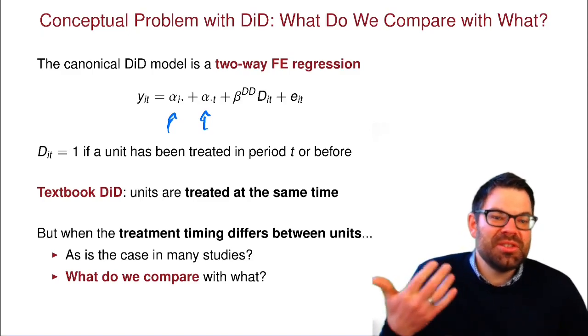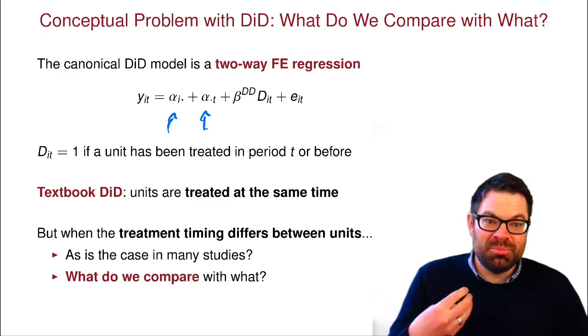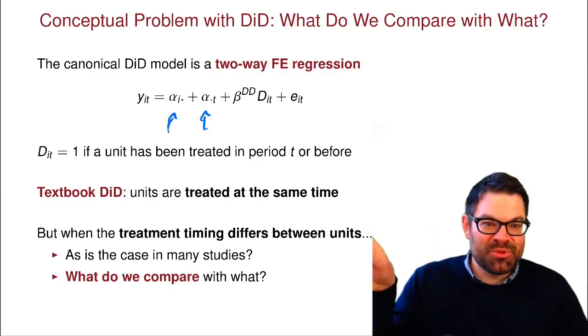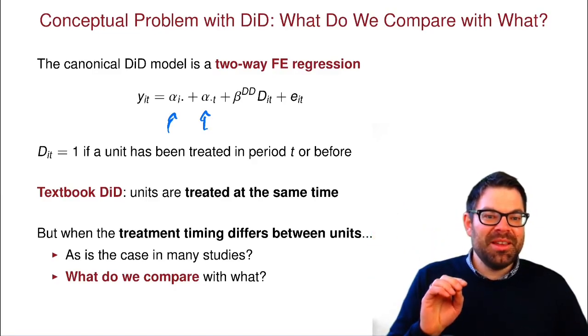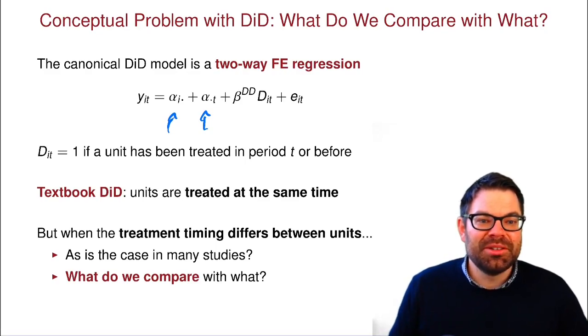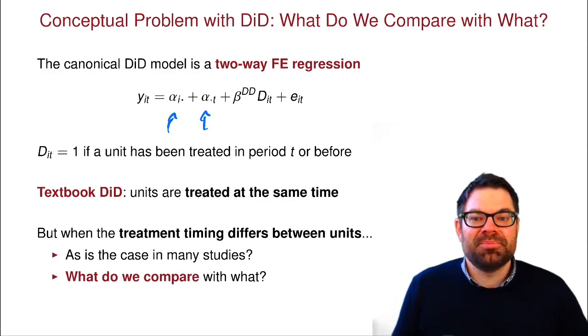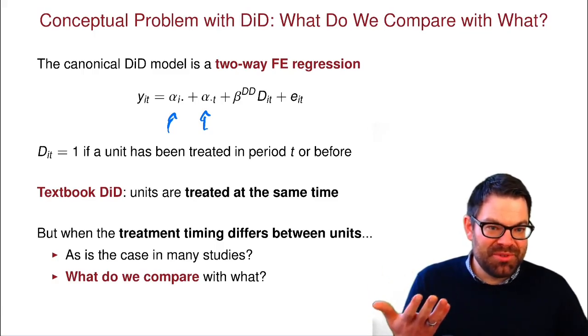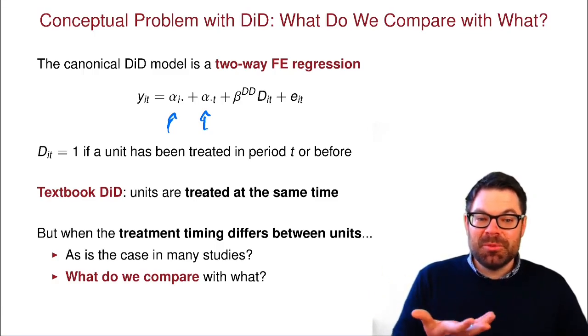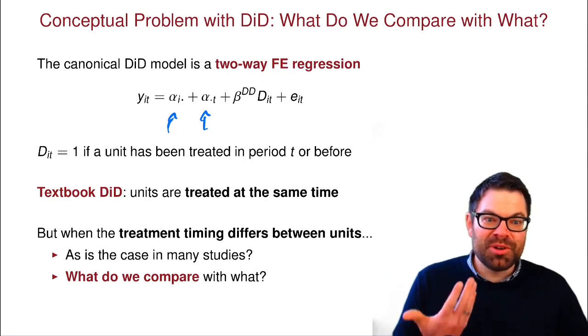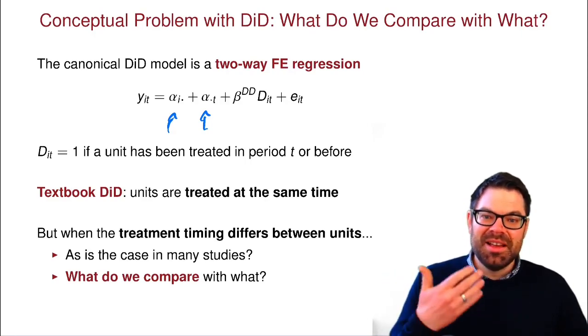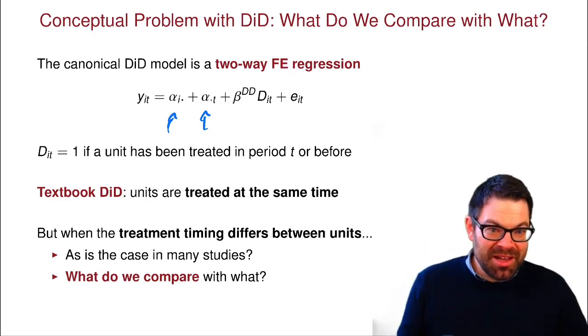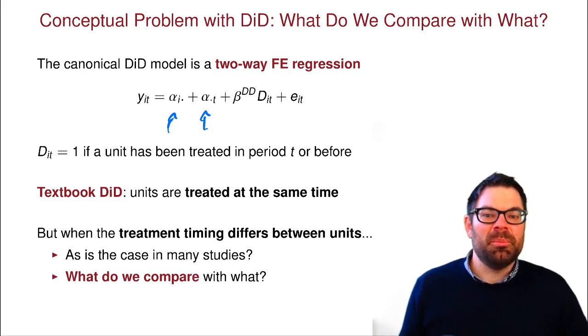So it's essentially just an indicator for whether the period in which you observe that unit is actually after the unit has been treated. And then you have the textbook difference in difference. With textbook, we mean Card-Krueger type difference in difference, where units that are getting treated get treated at the same time.